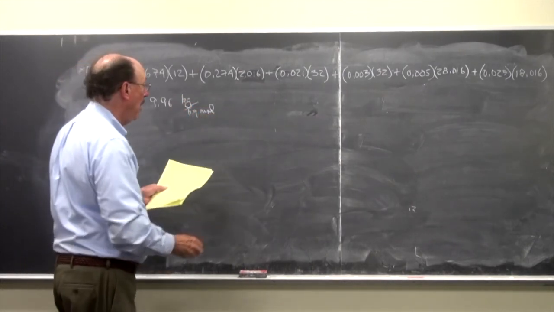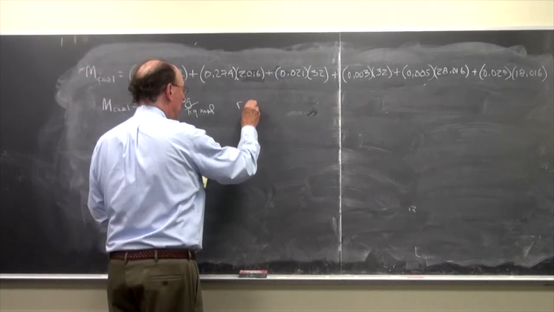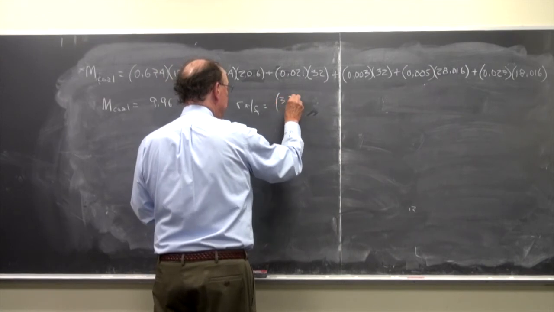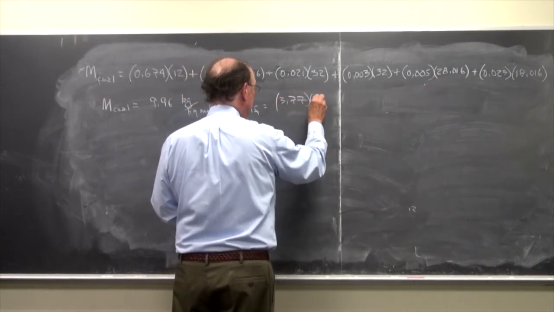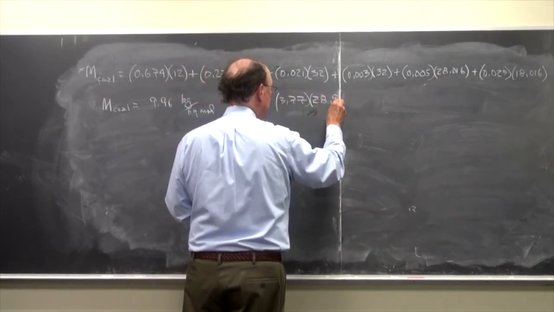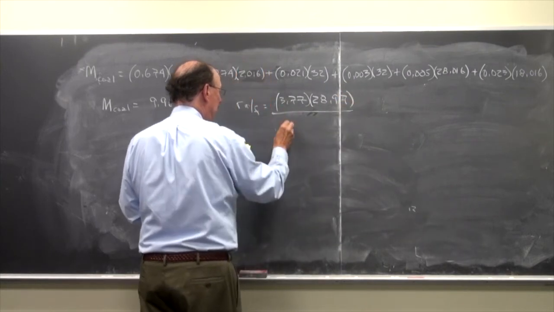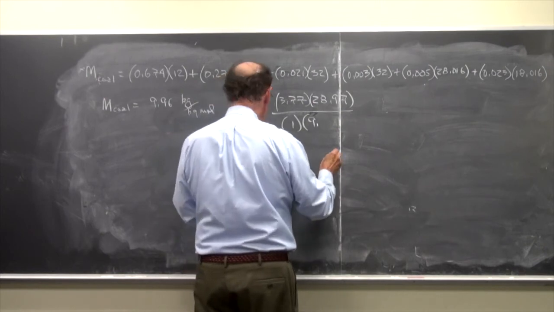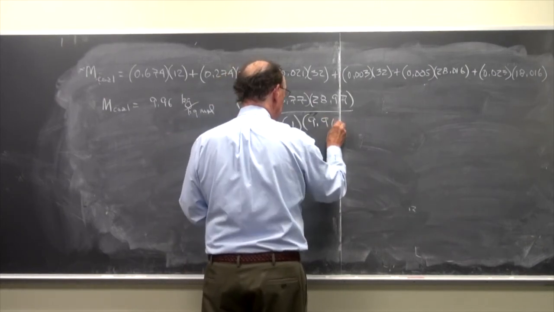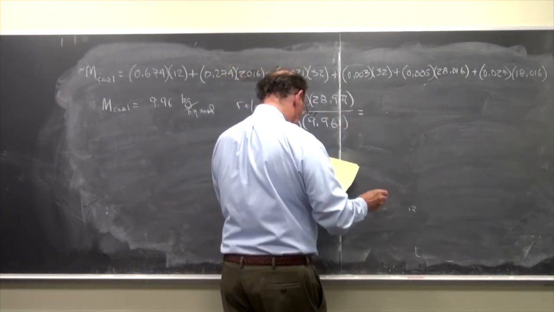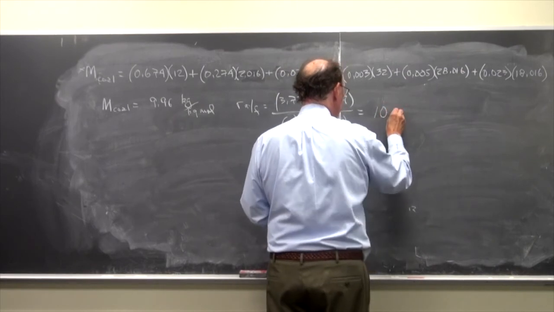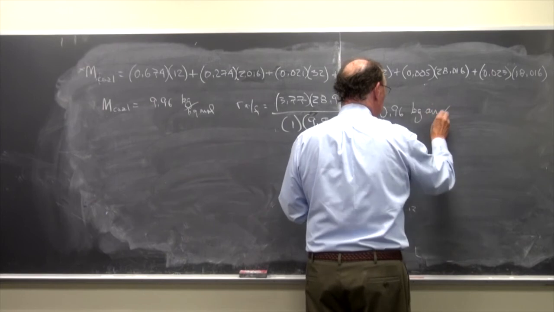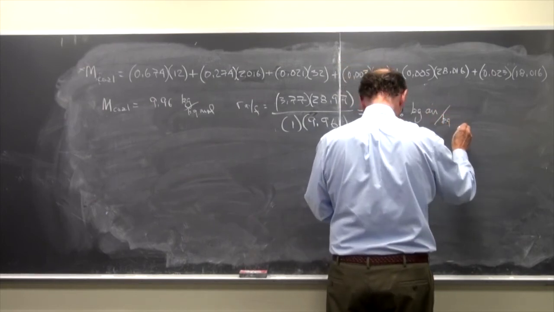And the RAF is equal to 3.77, the moles of air, times 28.97, the molecular weight of the air, divided by 1 mole of fuel times its molecular weight, 9.96, and that's equal to 10.96 kilograms of air per kilogram of fuel.